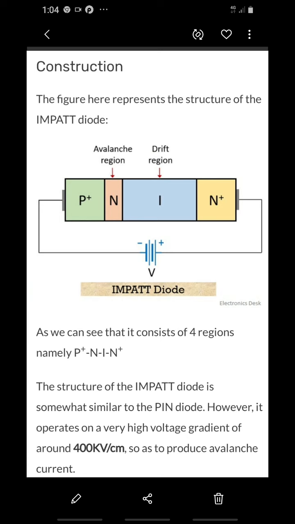Construction. The structure of the IMPATT diode is as shown in the above PPT. As we can see, it consists of four regions, namely P plus, N, I, N plus.